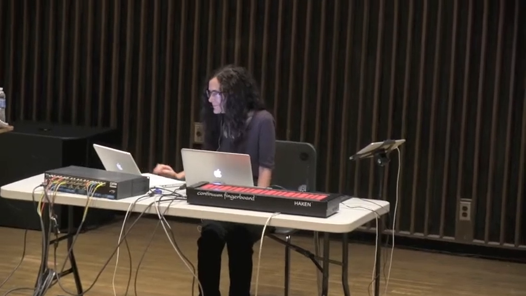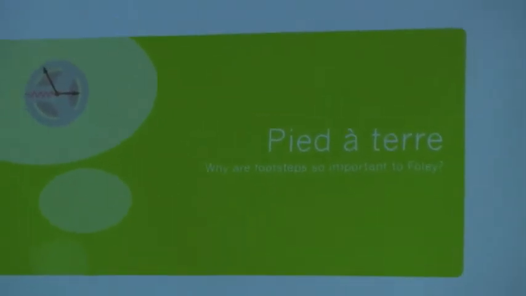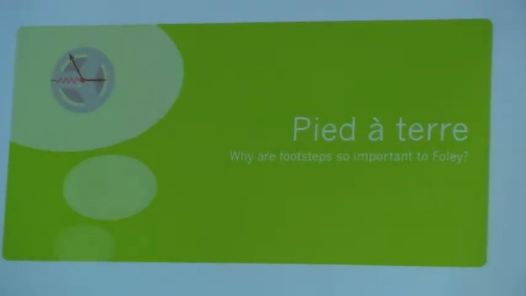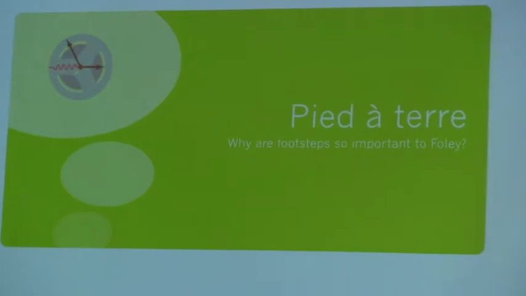So I don't know, but I was wondering whether that's why footsteps are so important in Foley. Because even back in radio plays, and every advertisement and every film, footsteps play a huge role.